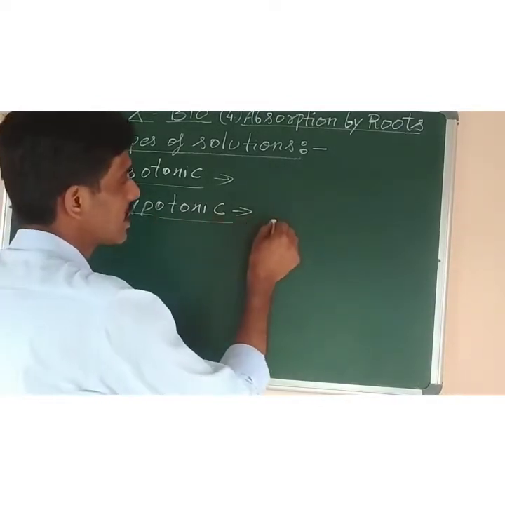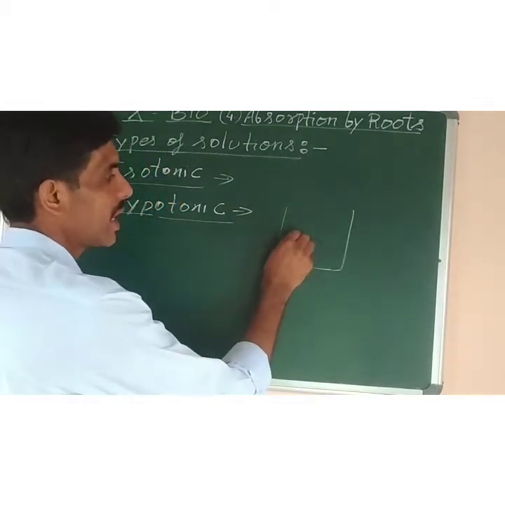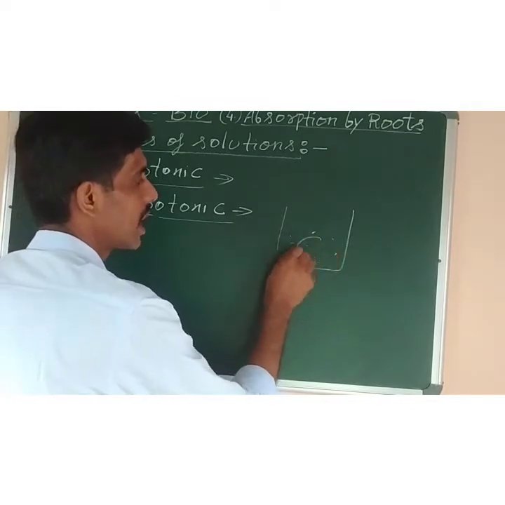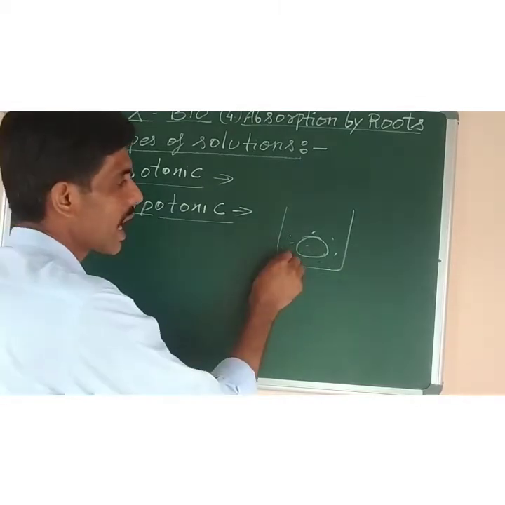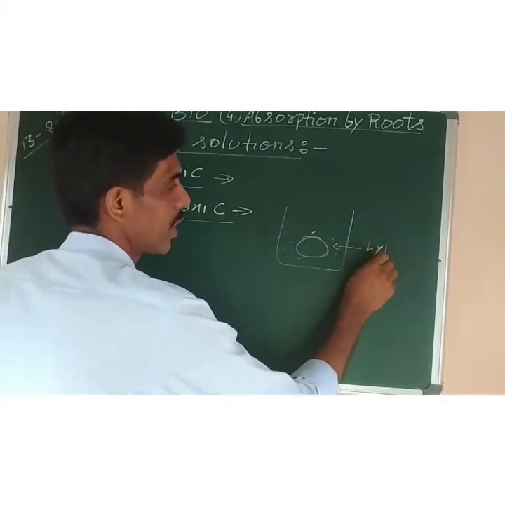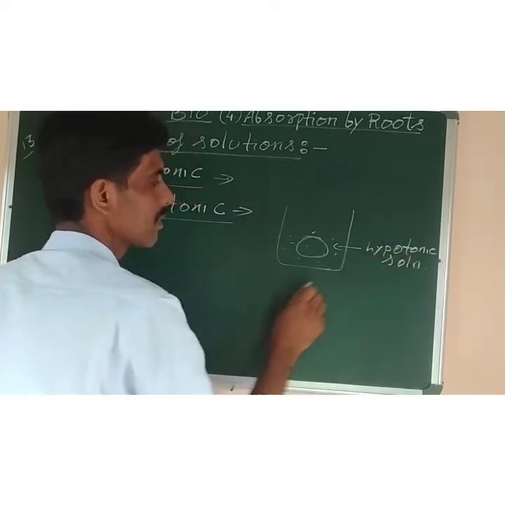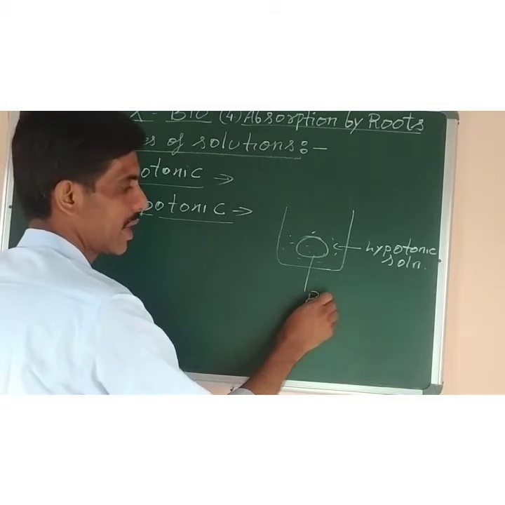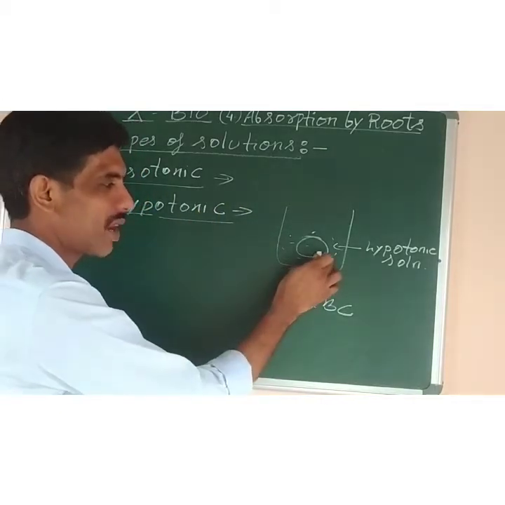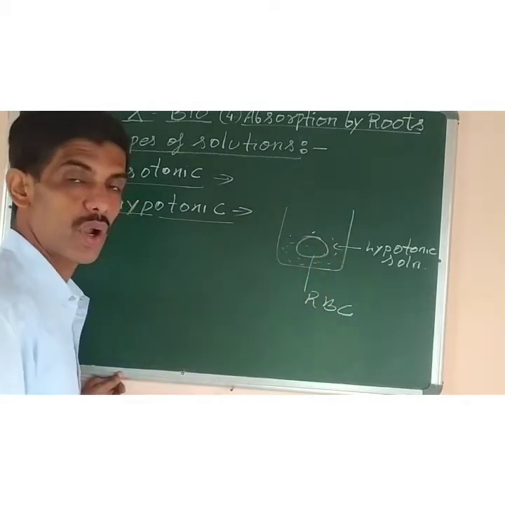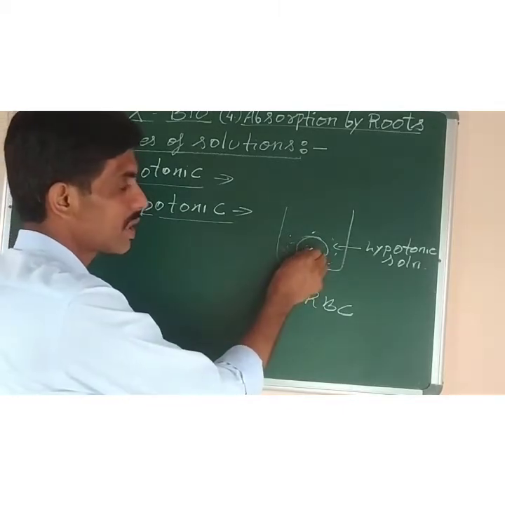I will say it like this. Suppose, this way you can understand, a beaker containing water. I have kept a cell. If I keep a cell, suppose RBC, red blood cell, inside a hypotonic solution, what will happen? Hypo means already containing less solute.